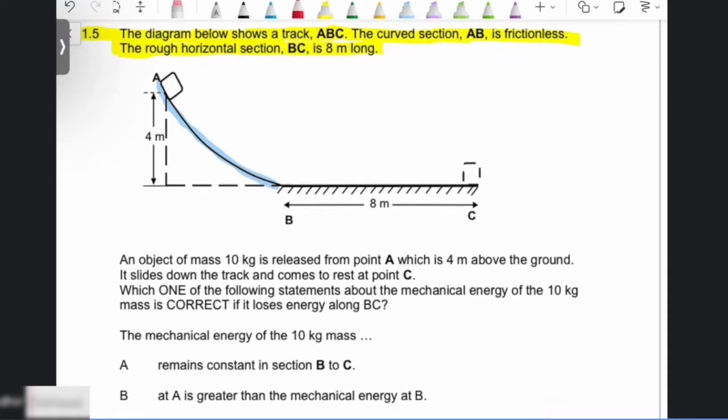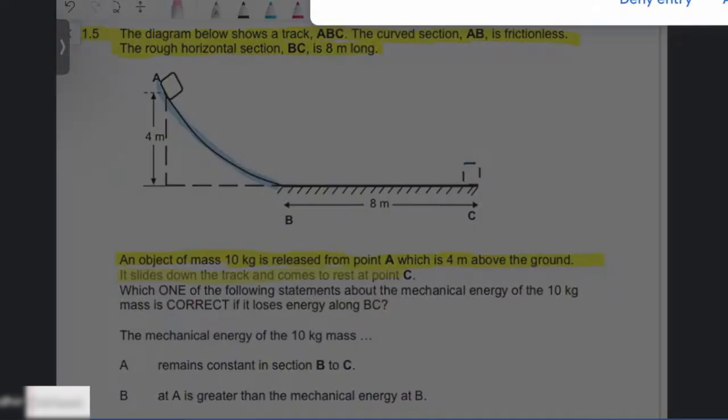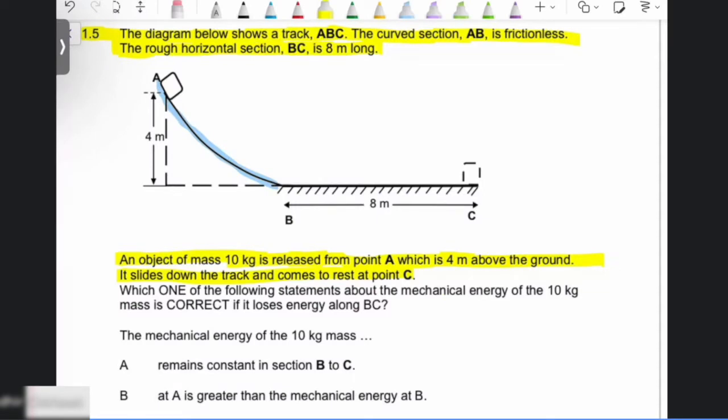Fine. So we know there is friction here. It says an object of mass 10 kilograms is released from point A, which is 4 meters above the ground. It slides down the track and comes to rest at C. Okay, so what's going to happen here? Here it says which one of the following statements about the mechanical energy of the 10 kilogram mass is correct if it loses energy along BC.